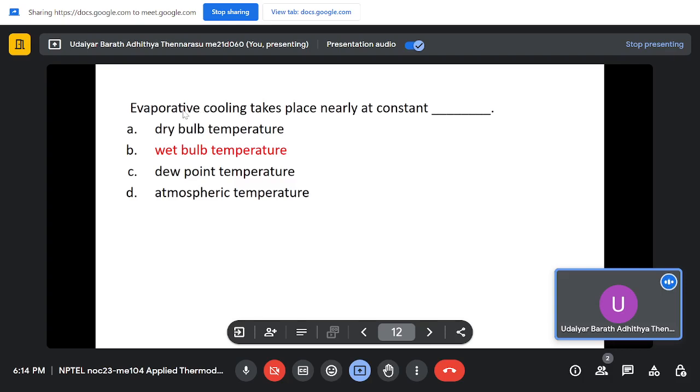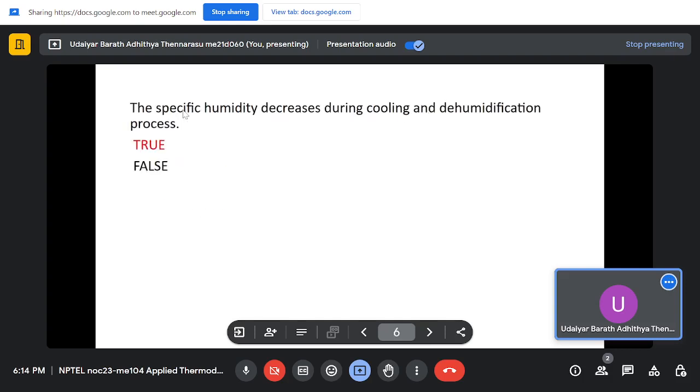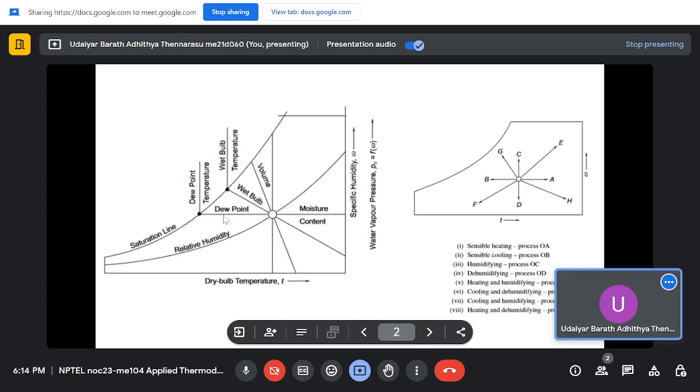In this process, the water will evaporate and the specific humidity of air will go up, and in the process you're also cooling the air. So it's a cooling and humidification process, and it will follow this wet bulb line.